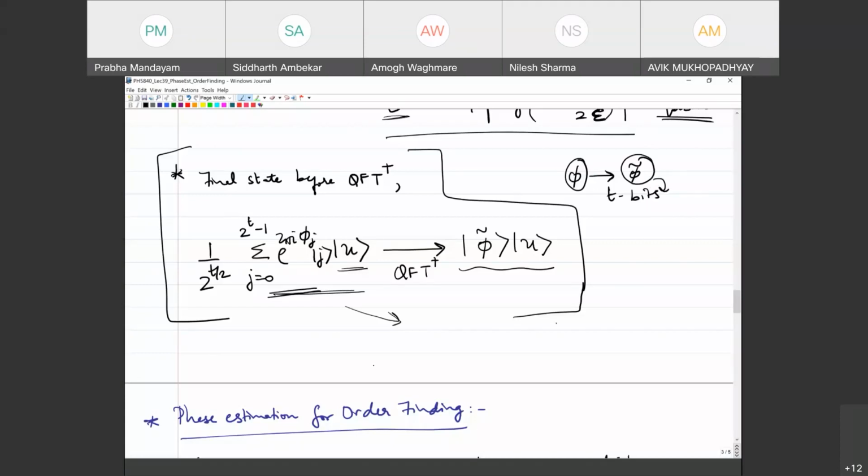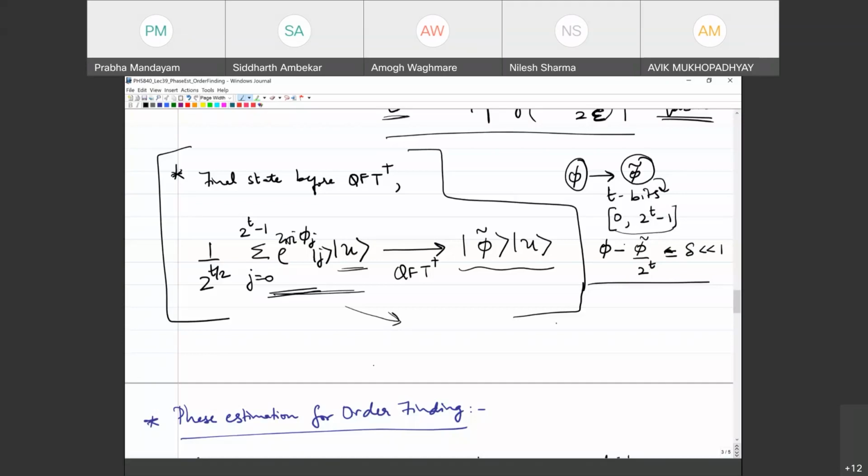So this phi tilde is some number between 0 and 2 to the t minus 1. And then the actual phi is such that if I do phi tilde by 2 to the t, the difference is what you can call delta, and this delta is much smaller than 1. So this is the claim: phi tilde divided by 2 to the t is very close to phi.